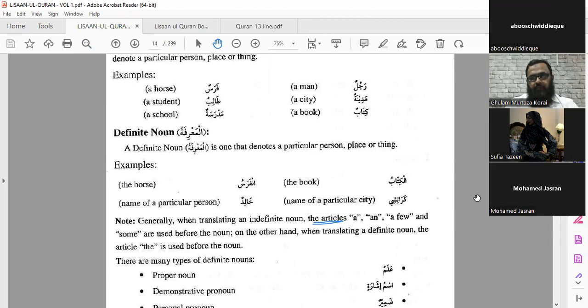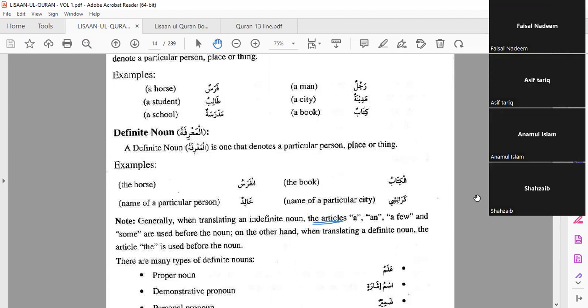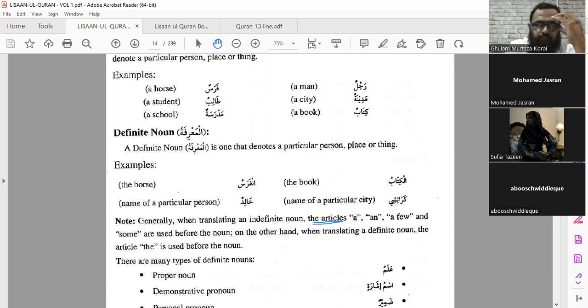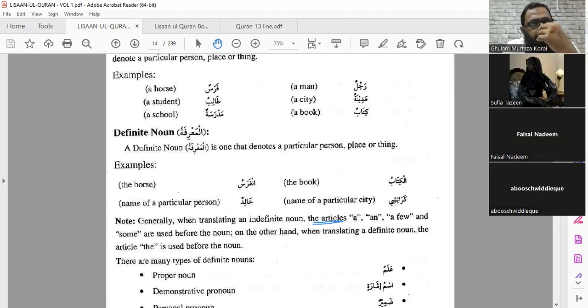Okay. Now my question from Faisal Nadeem. Yes, Faisal, what have you understood from the discussion? Assalamu alaikum. We have been discussing al-ma'rifatu and an-nakiratu and different types of proper noun, demonstrative, proper noun, pronoun.